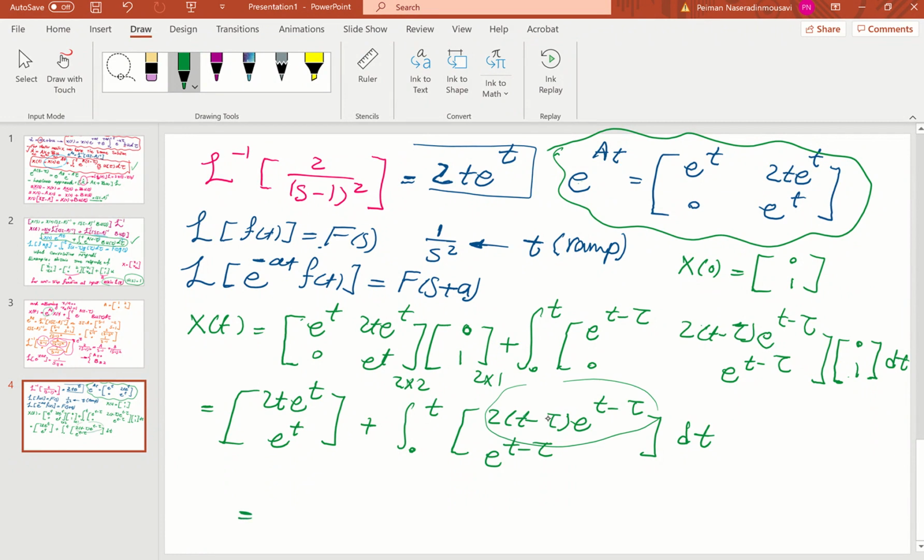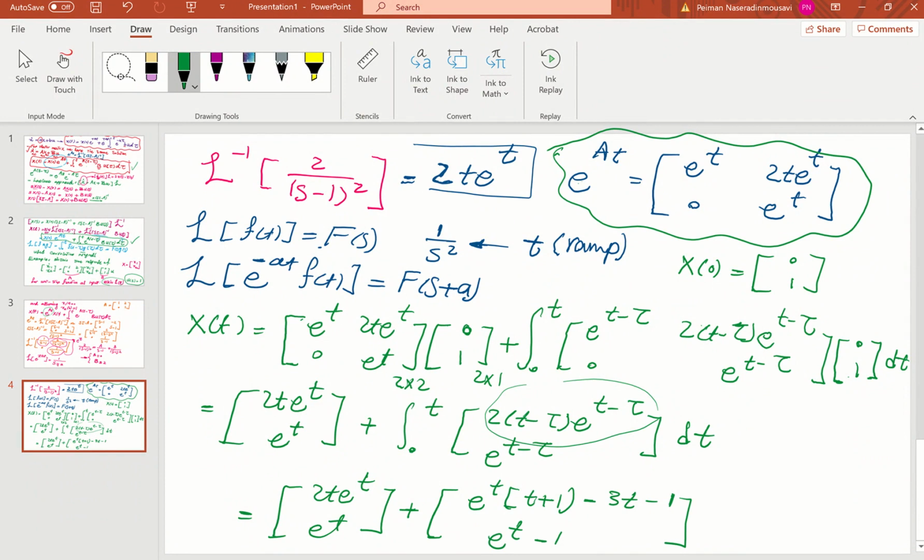So the solution is finally going to be 2t e to the t, and the integration of this is finally going to be e to the t plus 1, minus 3t minus 1, and here e to the t minus 1, and you can sum together.